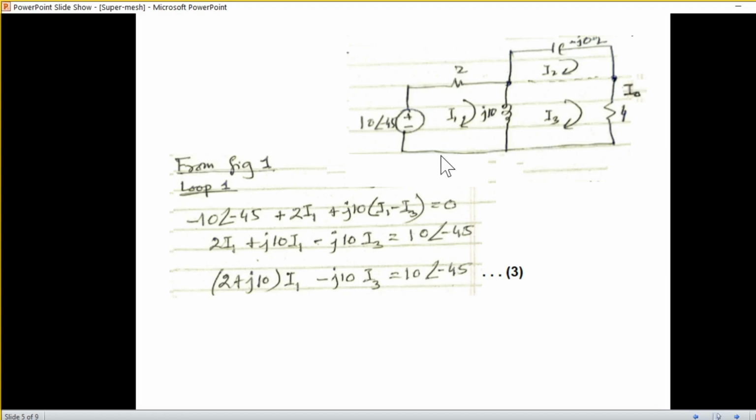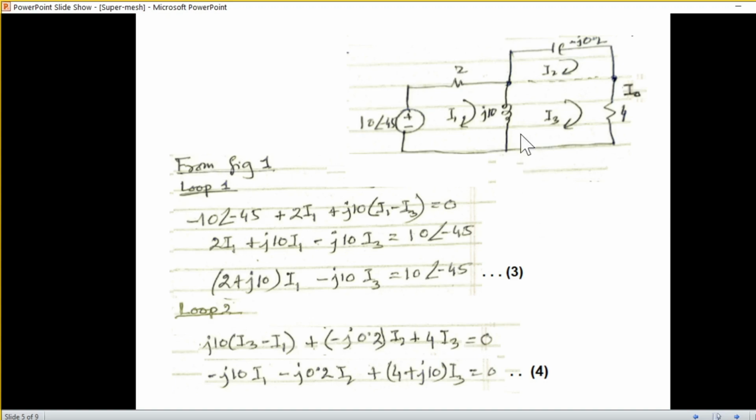We are writing the KVL equation: minus 10∠45, then 2I1, and then from here I1 is coming down and I3 is going up, so that will be (I1 minus I3) times j10. Simplifying, we get equation 3.